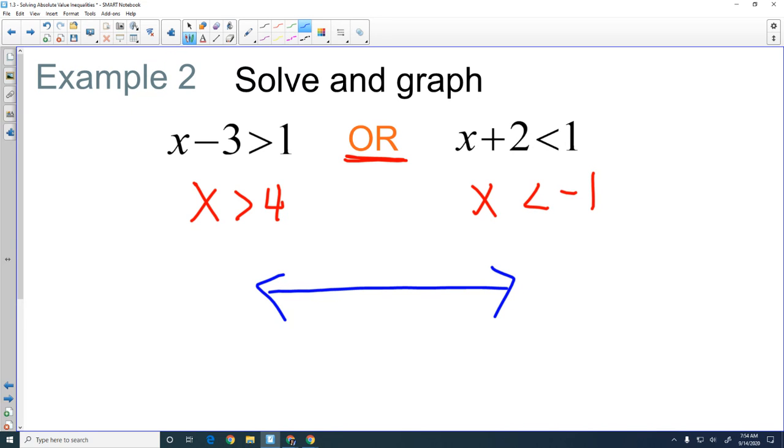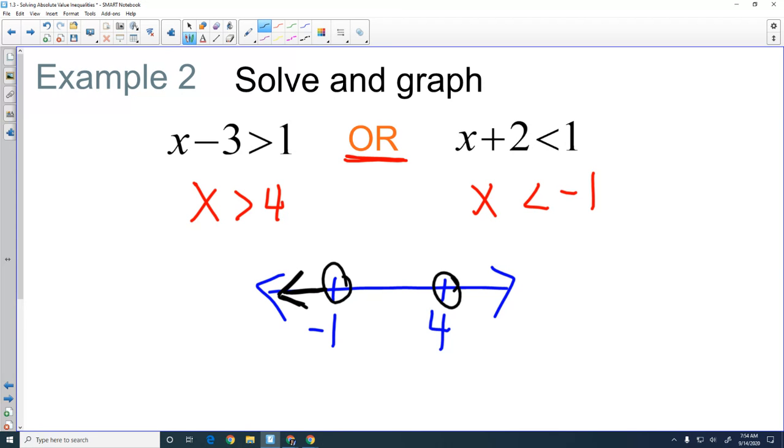If you plot the numbers negative 1 and 4, I'll put negative 1 on the left, 4 on the right. When graphing these values, they're both going to be open circles. If x needs to be less than negative 1, that's everything to the left here.